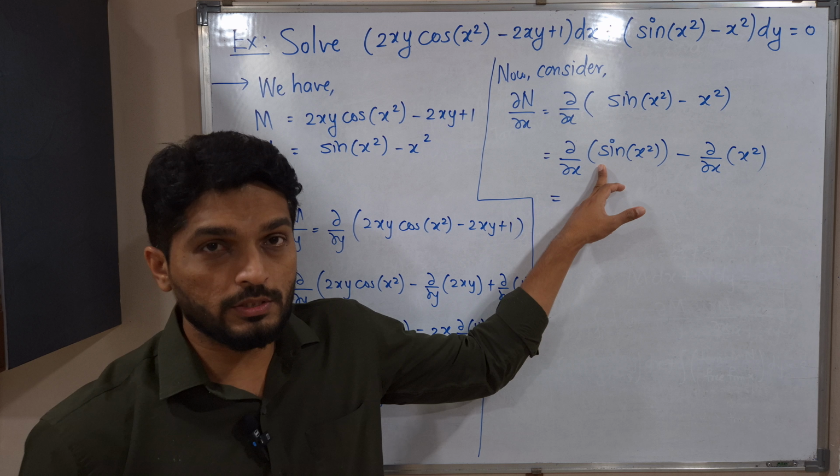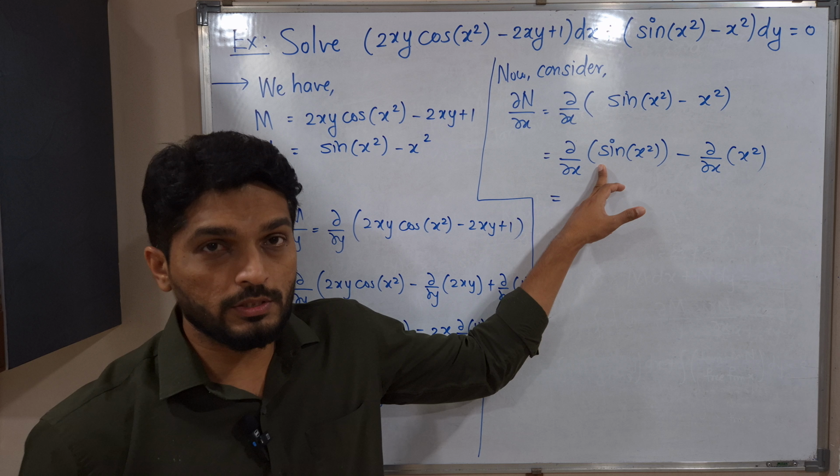Our M is 2xy cos x square minus 2xy plus 1, and N, which is the multiple of dy, is sin x square minus x square. This is our N, right?